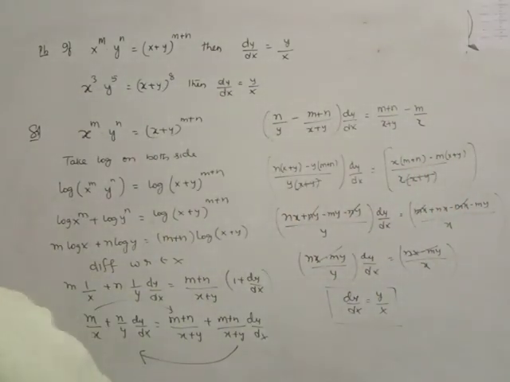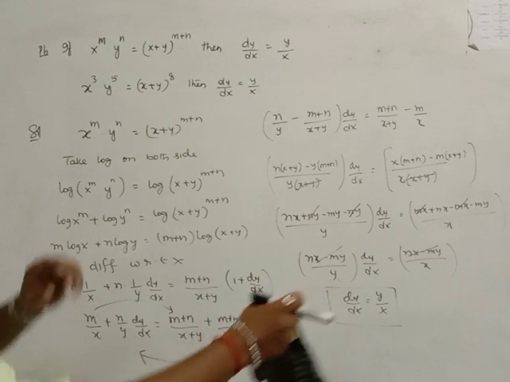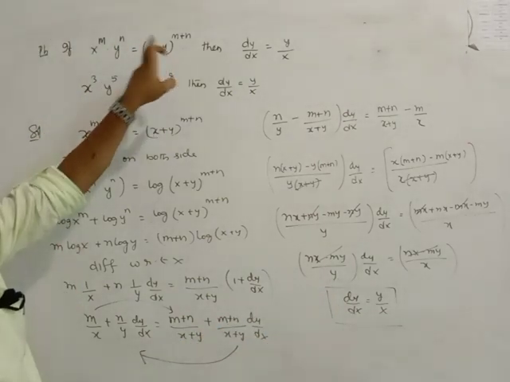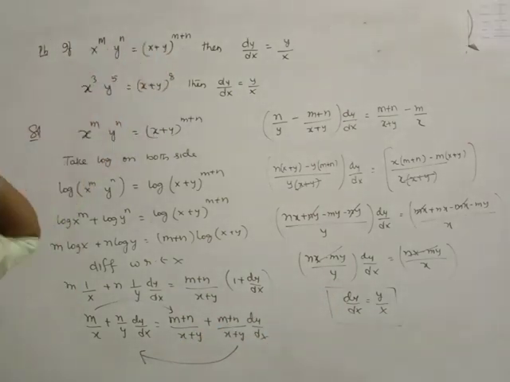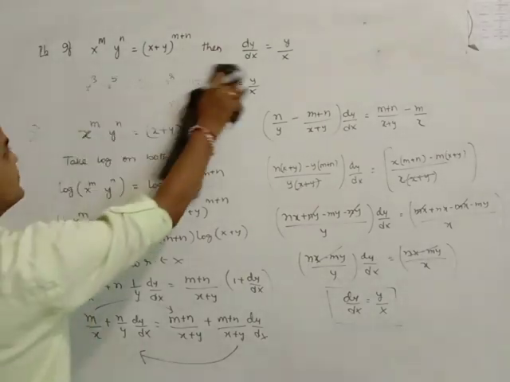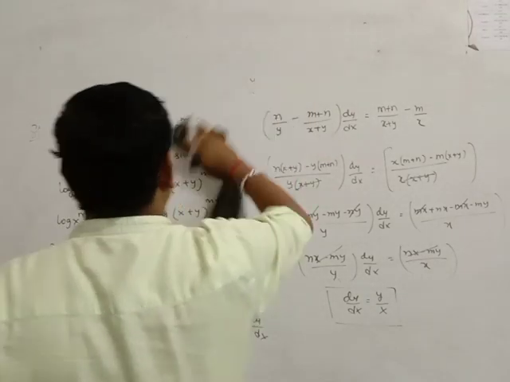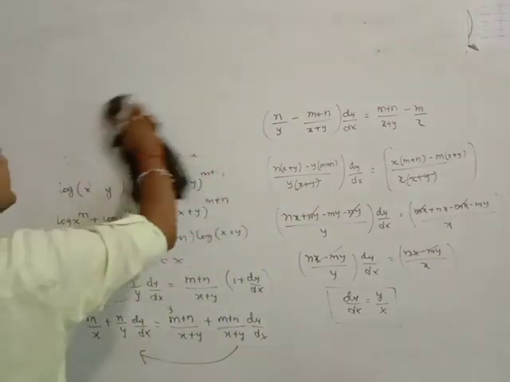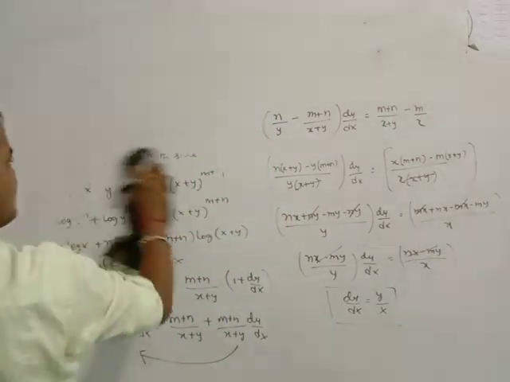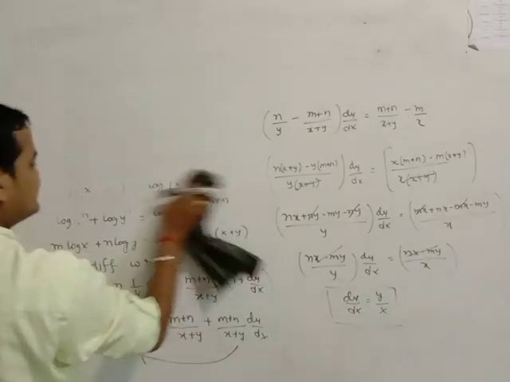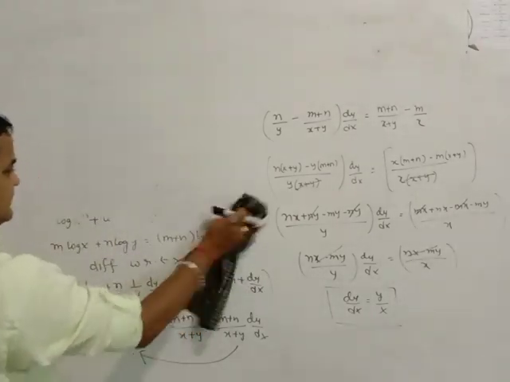Similarly, one of the problems in your textbook is given also. Say in your textbook another question is given. Similarly, in the K exercise, I think in the CHSV textbook, in exercise K, maybe 7th or 6th.